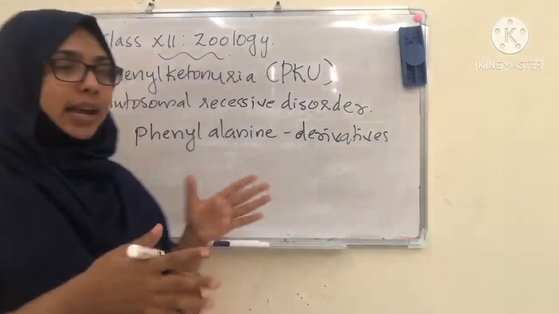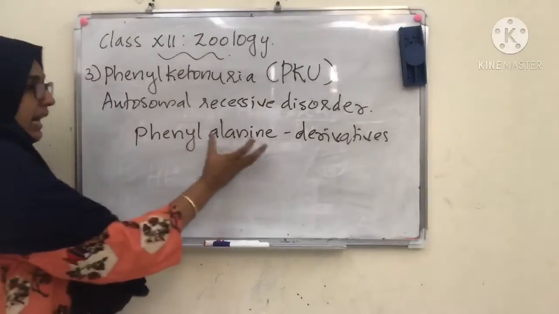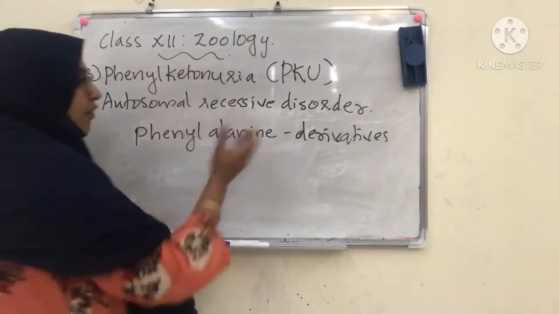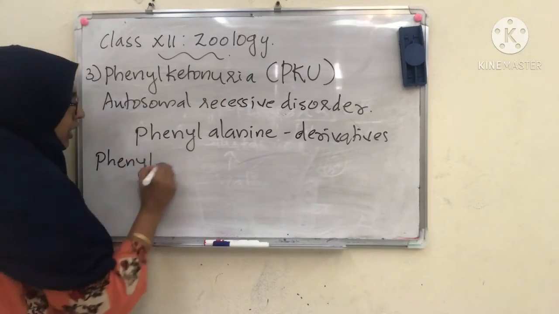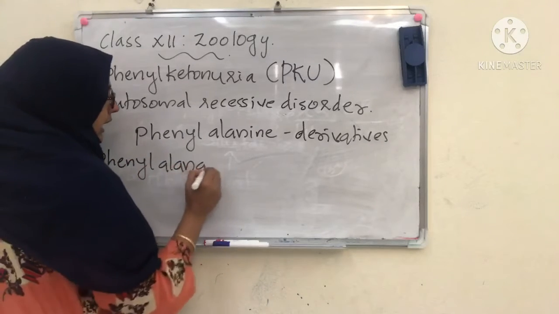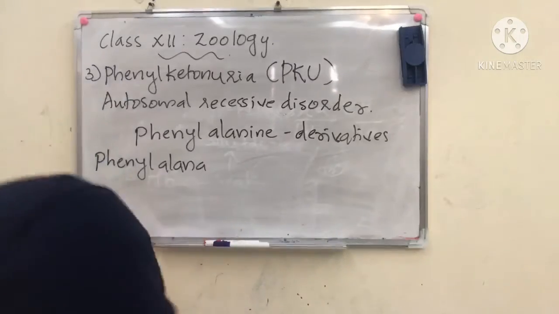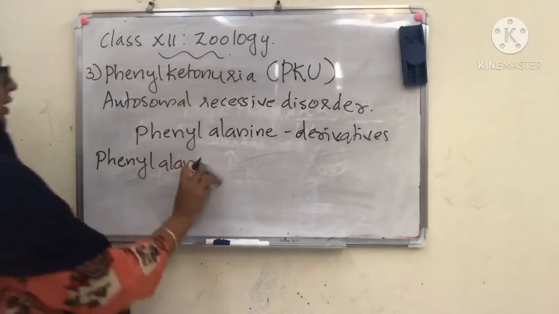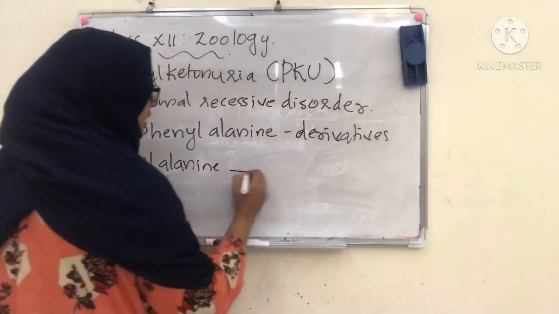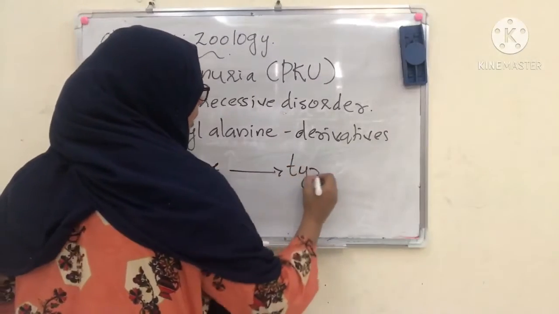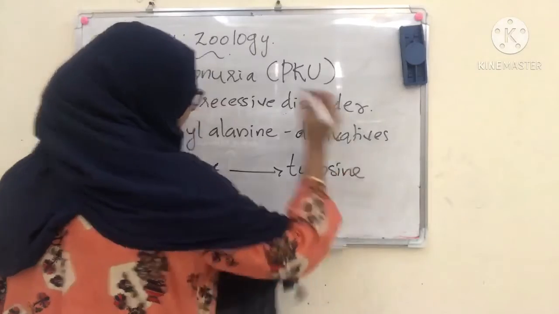Normally, what is happening? We are telling the normal case. Phenylalanine is converted to tyrosine by an enzyme.